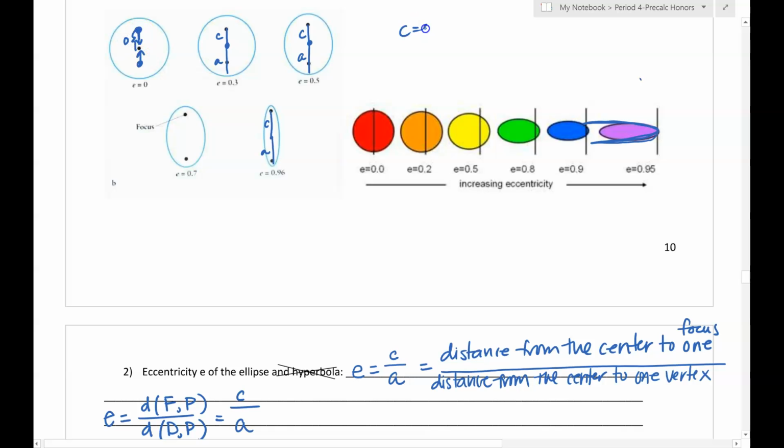If c equals 0 divided by whatever the a value is, the distance from the center to the edge, which for a circle is called the radius, it doesn't really matter what a is in the denominator. 0 divided by any number is going to be 0. So when your eccentricity value is 0, it's going to give you a circle. That's why we don't really talk about the e value for a circle.